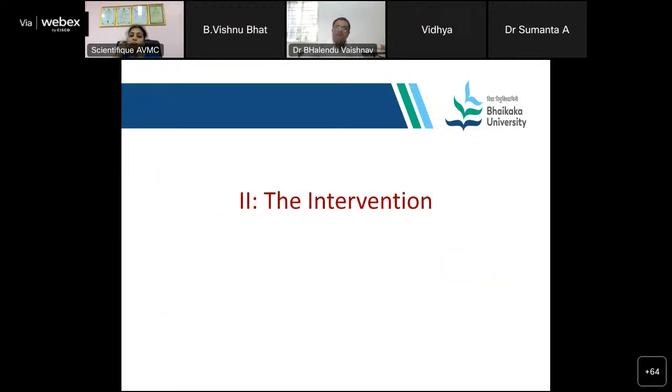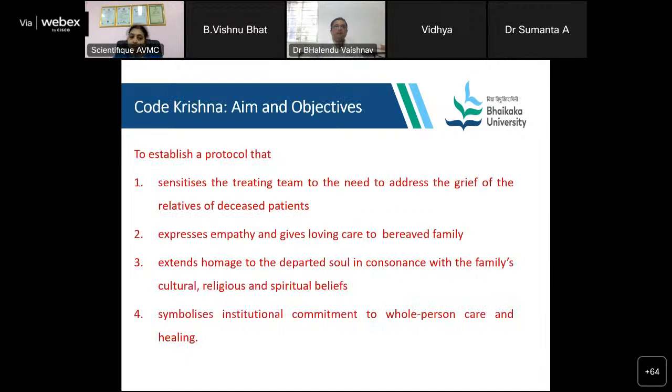Now let us talk about the intervention. We set out with the aims that we wanted to establish a protocol that sensitizes the treating team to the need to address the grief of the relatives of deceased patients. To establish a protocol that expresses empathy and gives loving care to the bereaved family.